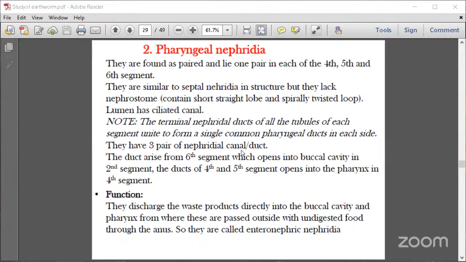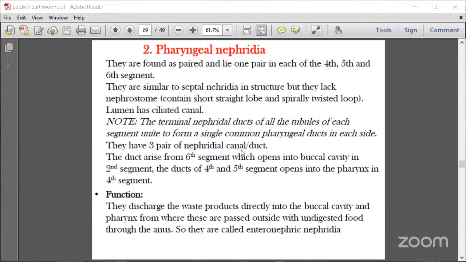They contain a short and straight lobe and a spirally twisted loop. The lumen has a ciliated canal. Here, the terminal nephridial ducts of all the tubules of each segment unite to form a single common pharyngeal duct on each side.